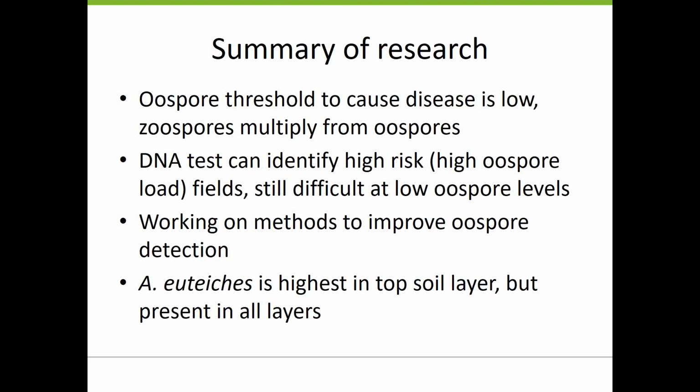And then Aphanomyces euteiches is highest in the top soil layer, so we do recommend sampling from that top 15 to 20 centimeter layer, but we do find it in all layers, which again is an indicator that it has likely been present in our soils for a number of years for it to be able to trickle down that far into the soil profile. But it's the stuff that's in that top layer that's causing the disease problem.